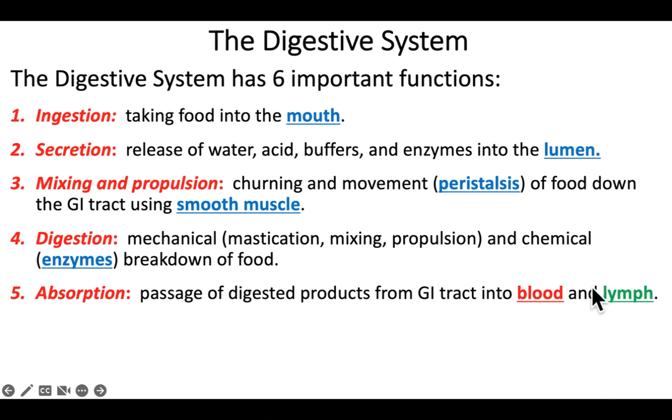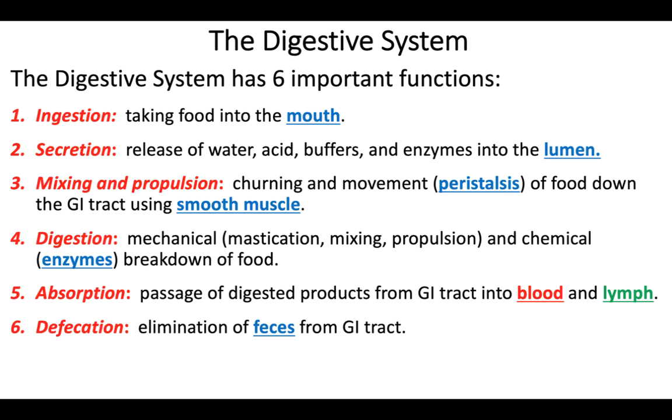Remember, it's your dietary fats, such as fatty acids, that go into your lymph. And then defecation, which obviously is elimination of feces from the GI tract. So the goal is to kind of start at ingestion, and when we get to the point where we are defecating, we're done with the chapter.